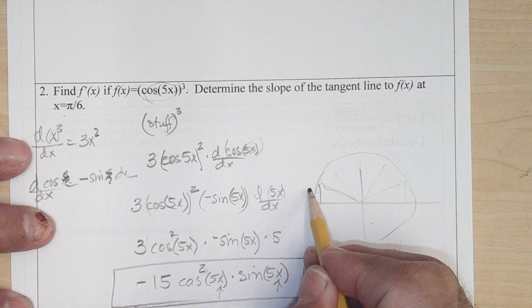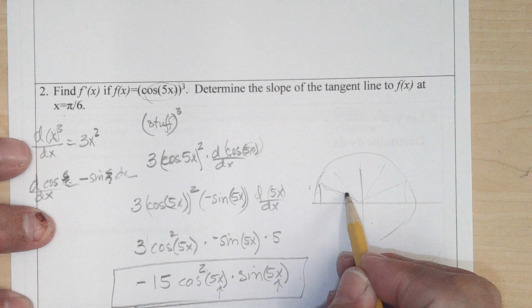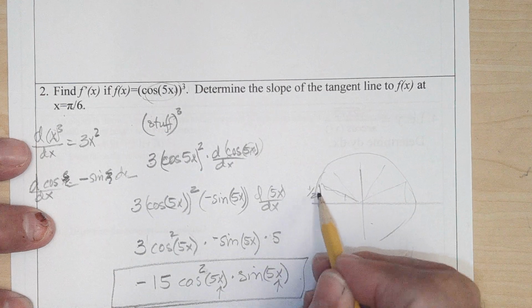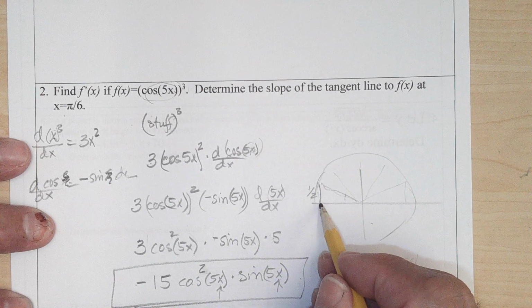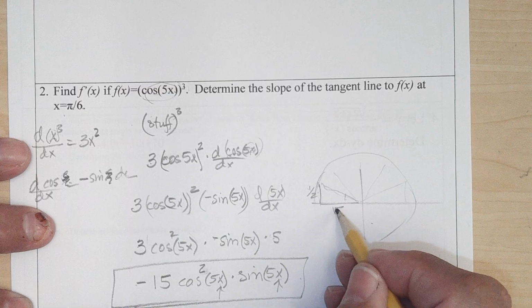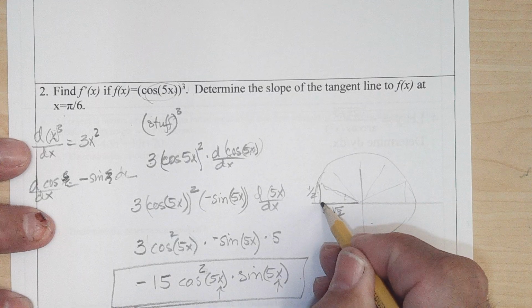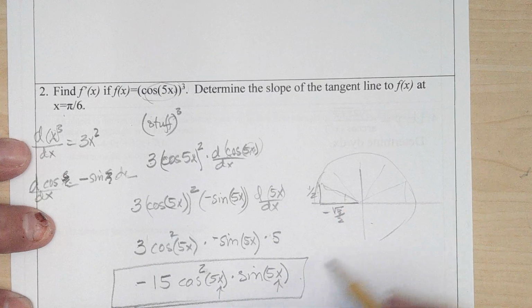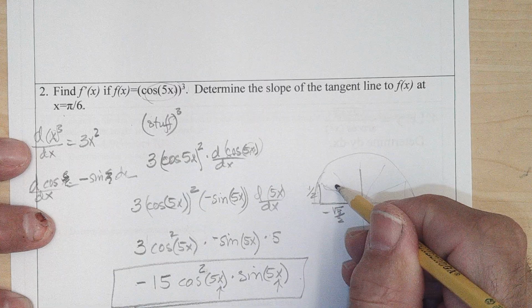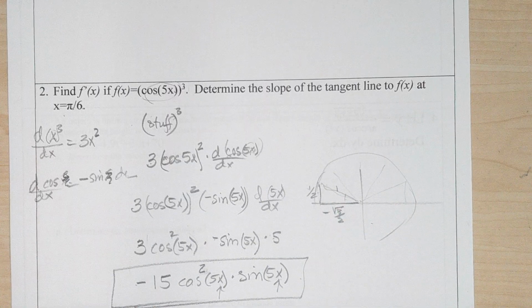And this is the short leg on a 30 degree or pi over 6 angle, which is 1/2, and it's positive, and the long leg is the square root of 3 over 2, and it's negative at 5 pi over 6, and the hypotenuse is 1.